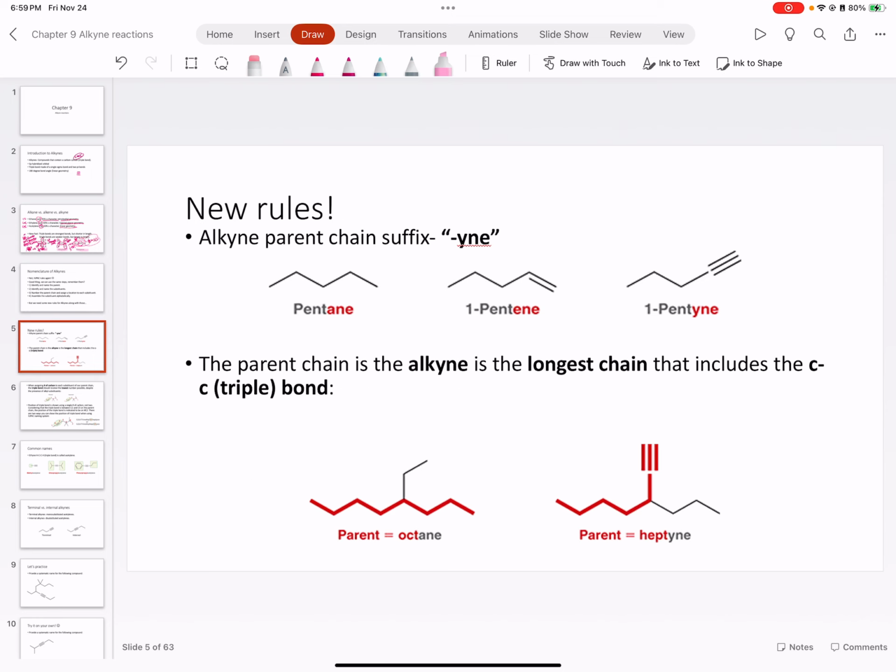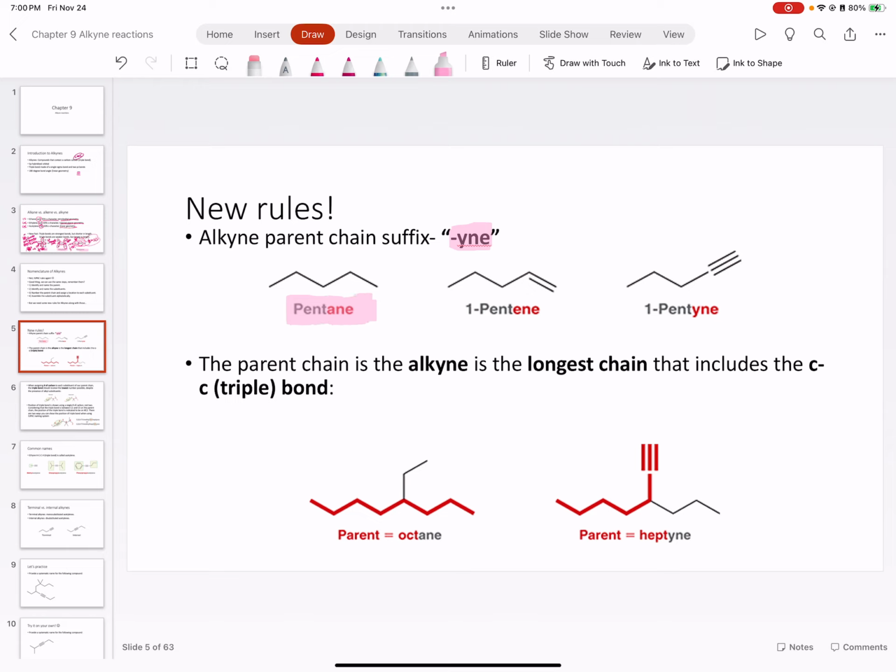But there are some rules for alkynes. Your parent alkyne is going to have a suffix of alkyne. For example, if you had no triple bonds, just regular carbon single bonds, you can see that it ends in pentane, your parent chain is named pentane.